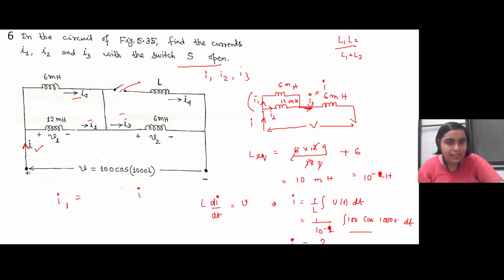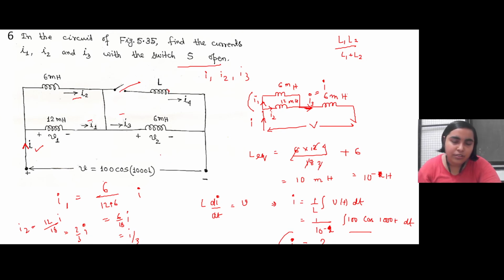If I is the total current entering it, I1 will be equal to 6 by 12 plus 6, that is 6 by 18 I, that is I by 3. I2 will be 12 by 18 I, that is 2 by 3 I. So if you calculate this value of I, you can calculate I1, I2, I3. I'm not solving this, you can solve it on your own, right?